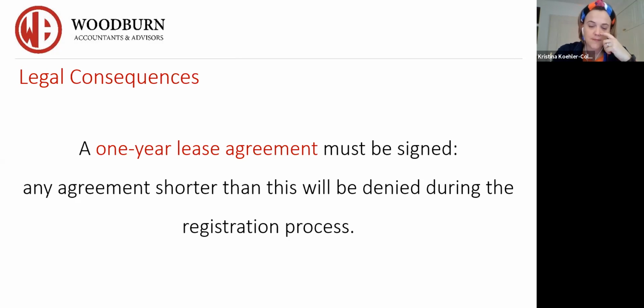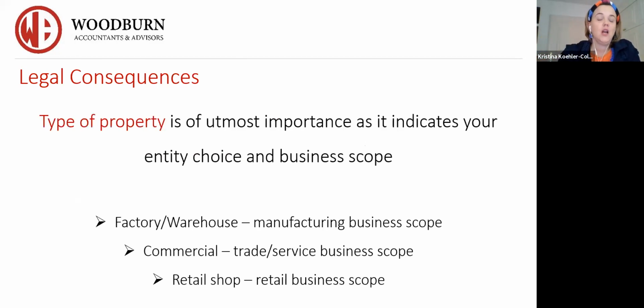So that halted their business. Now that Trump is out and Biden is in, that law is revoked in the US, and they can now proceed with their incorporation. But as a consequence, their current lease agreement is not valid. So they've had to renew it to make sure there's a 12-month lease on their contract. If it's 6 months or less, you will have to renew it to make sure it is an actual 12 months.